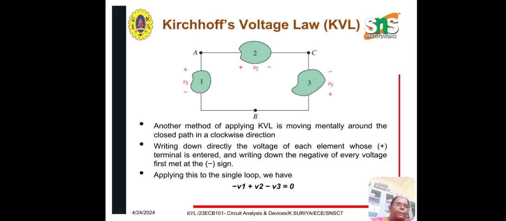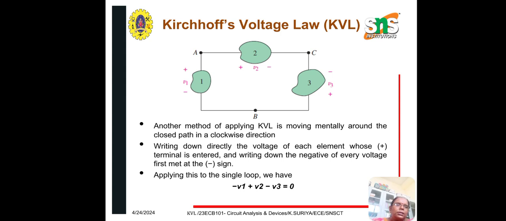Another method of applying KVL is moving mentally around the closed path in a clockwise direction. Writing down directly the voltage of each element whose positive terminal is entered, and writing down the negative of every voltage first met at the negative sign, we can write the equation for this single loop as minus V1 plus V2 minus V3 is equal to 0.